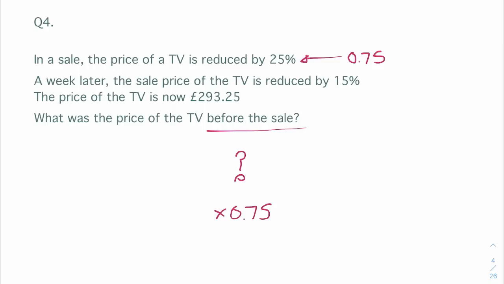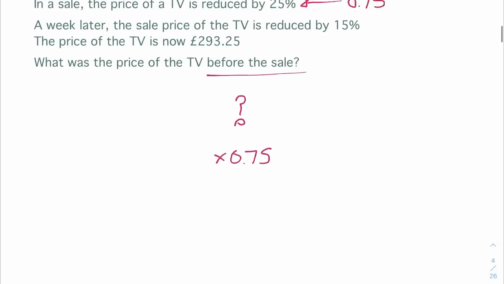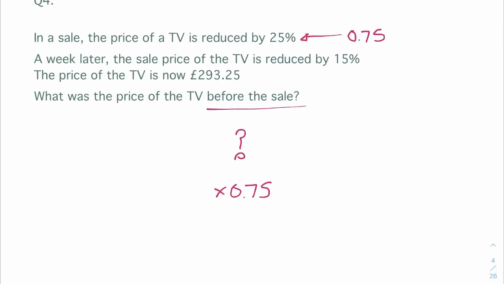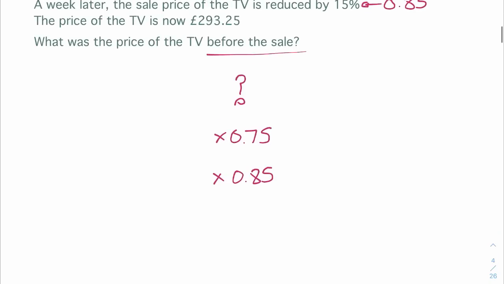We'll have then got a new value, and then a week later it's reduced by 15%. So if we take that away from 100, that would be 0.85. So then we would times our answer by 0.85. So it's gone in 2 stages, and then it gives us this value at the end, which is 293.25.